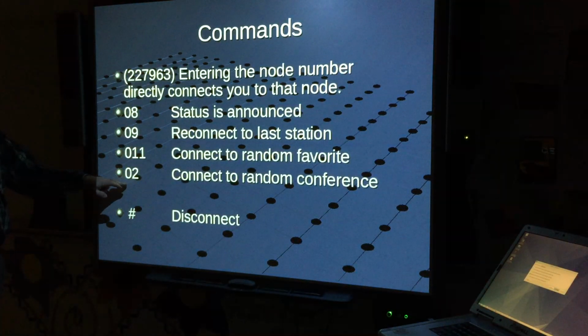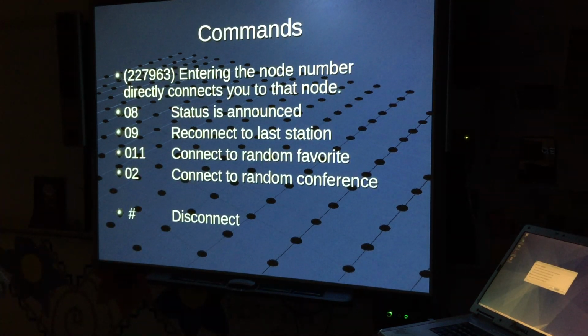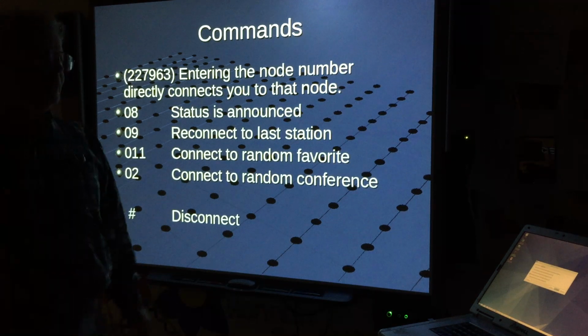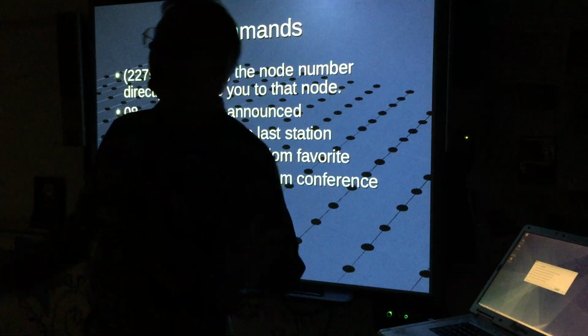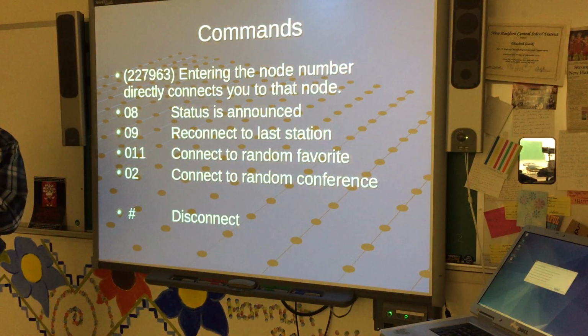These are just examples of commands. 02 would connect to a random conference. Let me talk about conferences. Some nodes are set up as something called conferences. So I might have a standalone computer at my house that allows many, many connections to come to it.